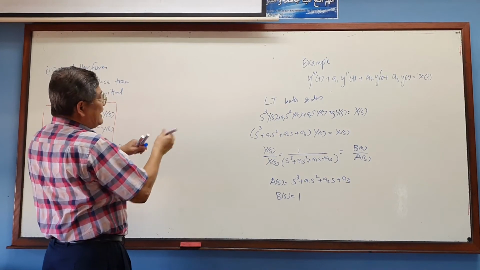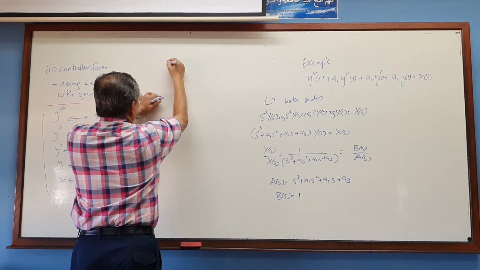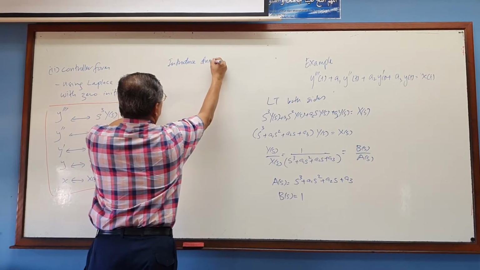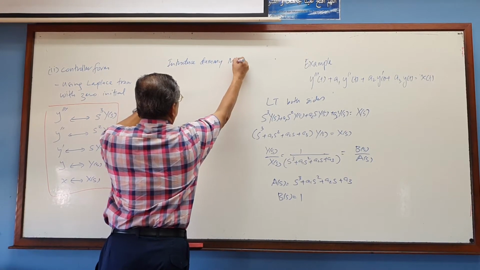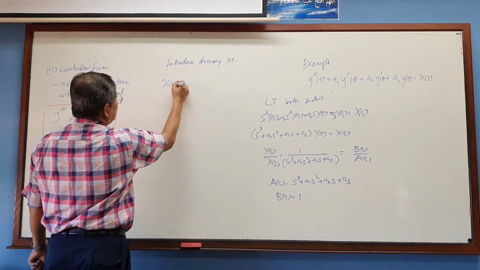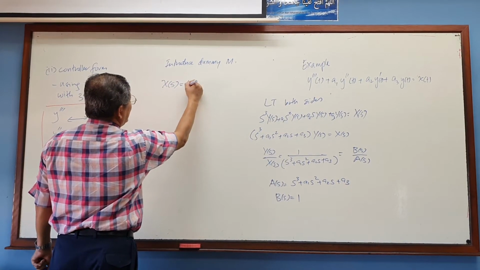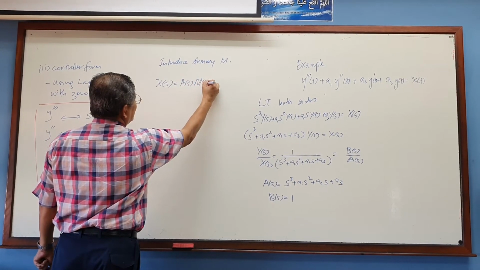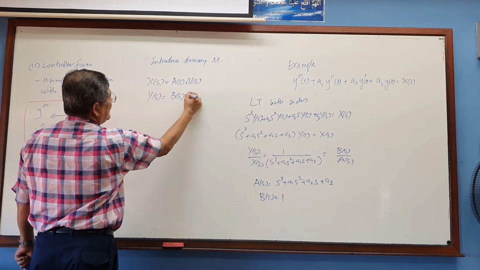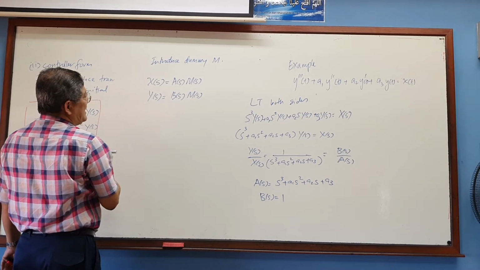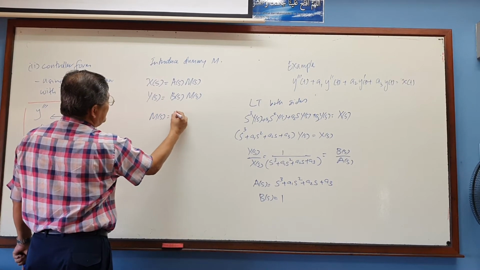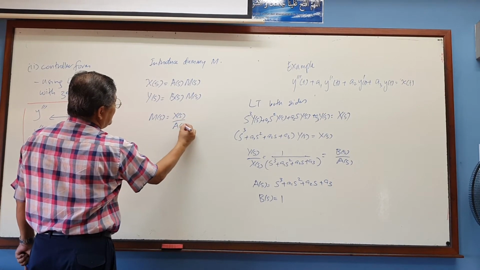Okay, so we will be introducing a dummy M. Where X(s) is equal to A(s) M(s), and Y(s) is equal to B(s) M(s), and if you observe, M(s) is actually X(s) over A(s).